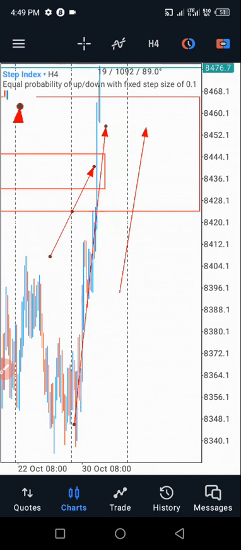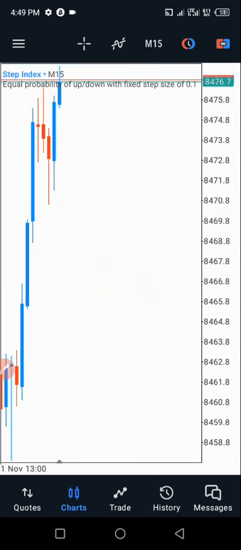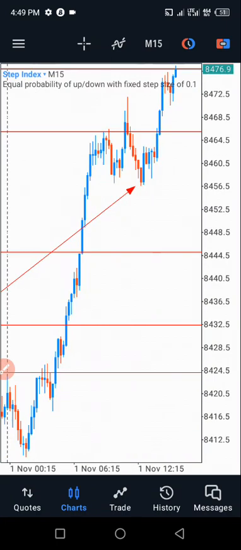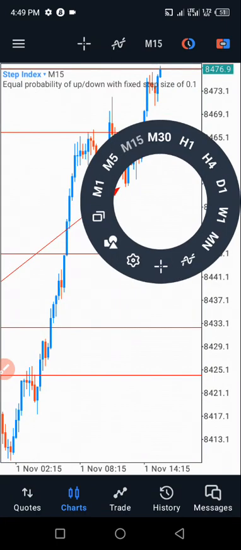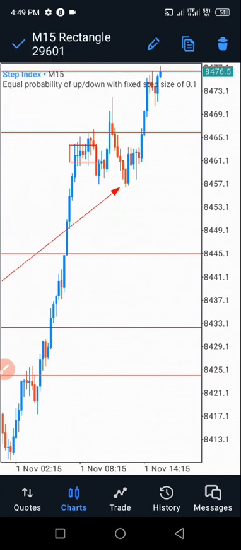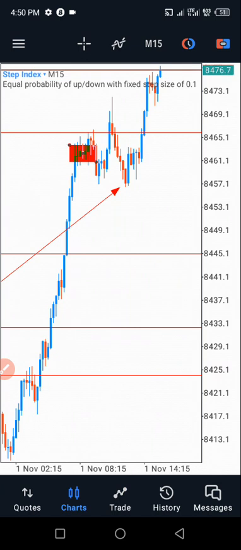All right, so I had to go to the 15 minutes time frame to check what was happening. Okay, so if you notice that on the 15 minutes time frame, the market started consolidating. It was in a ranging market somewhere around here.